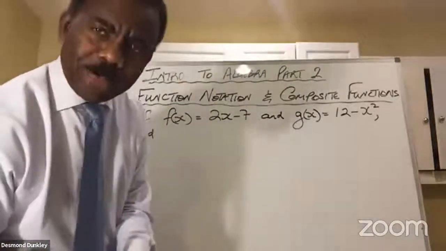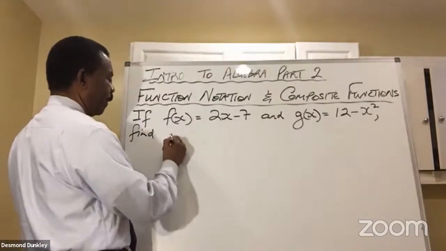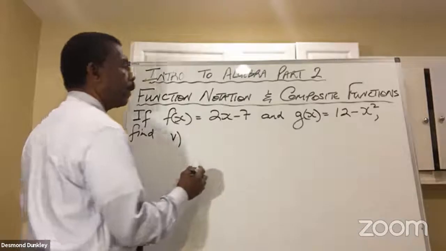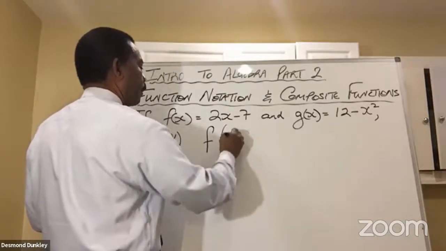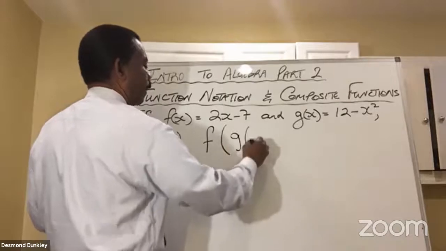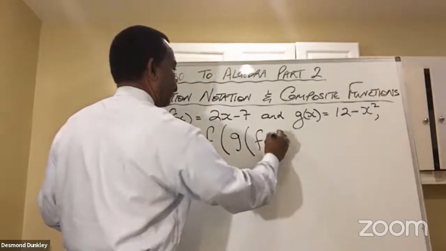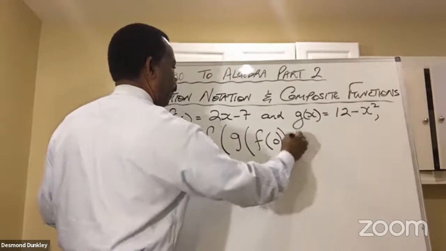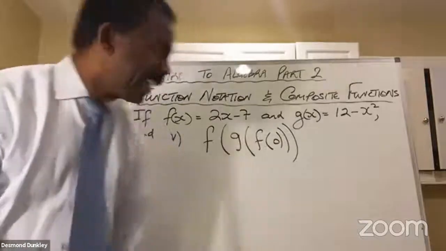Okay, how about this one? Let's do one that's really, really messy. How about this? This is number 5. How about f of g of f of 0? Wow, crazy.